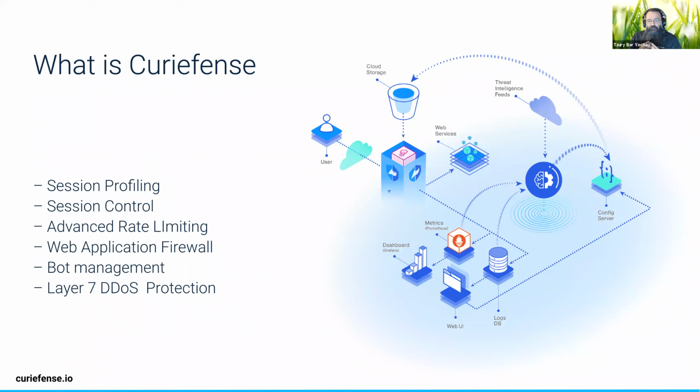What we see here is a typical deployment. In this deployment, we picked Envoy proxy as an ingress gateway, where the users communicate with the ingress gateway before reaching a web service or web services.